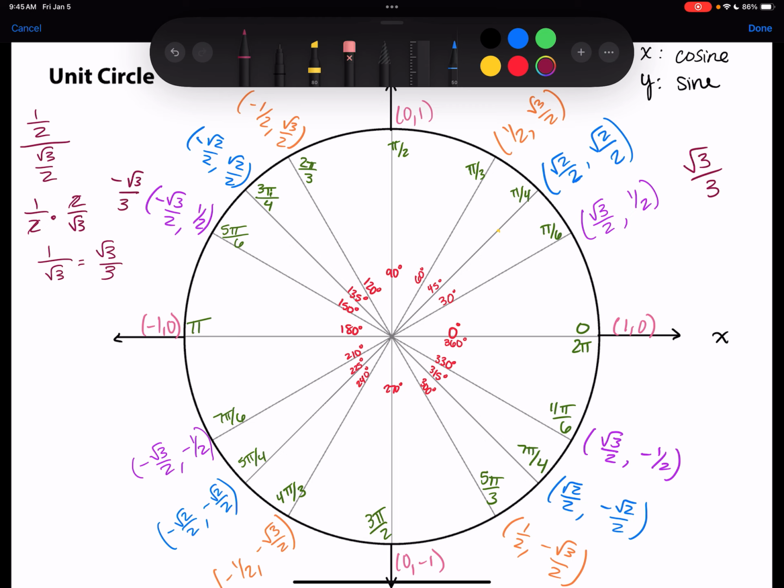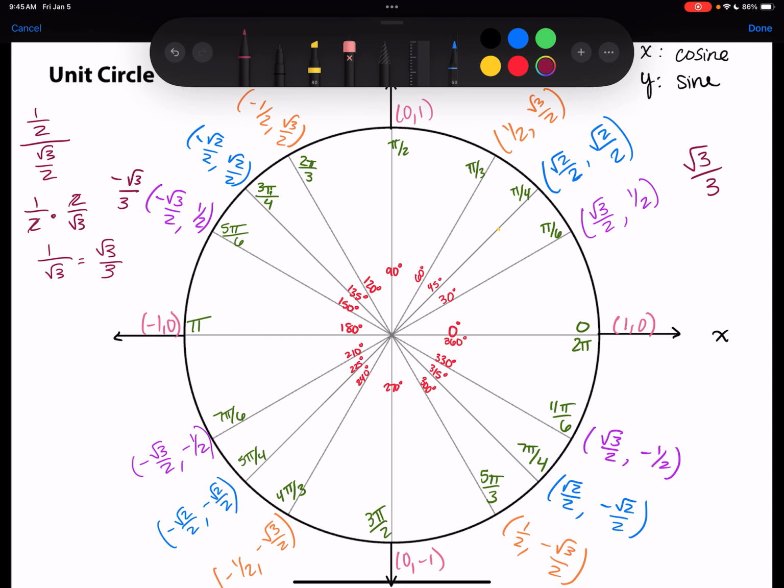Down here, both are negative, so that means that my tangent is going to be positive, root 3 over 3. And then over here, one's positive, one's negative, so this is going to be negative root 3 over 3. So quadrants 1 and 3 are positive, 2 and 4 are negative, and that will be the same for all the tangent values.